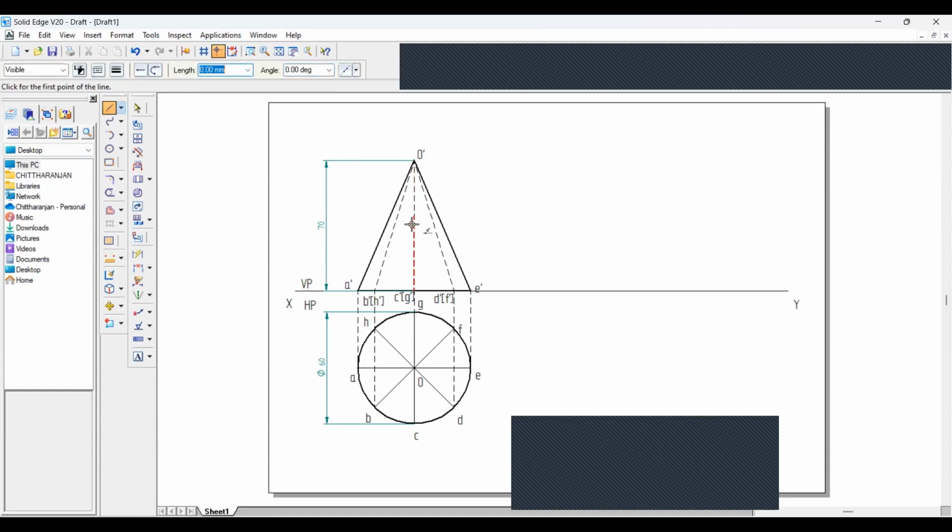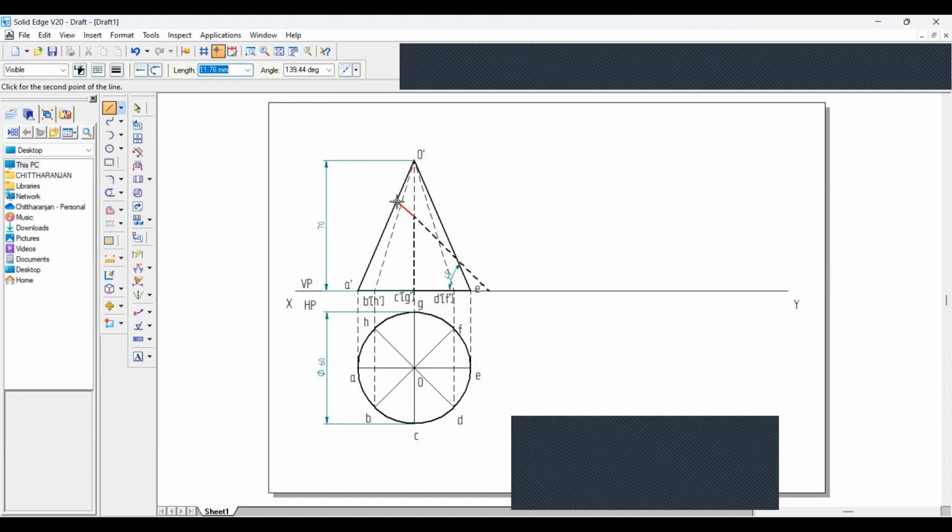Now from that you should draw a line at a 45-degree angle, and it should touch this axis. This should be minus 45 degree. So touch this line. Now check whether it is 45 degree or not. It is 45 degree.